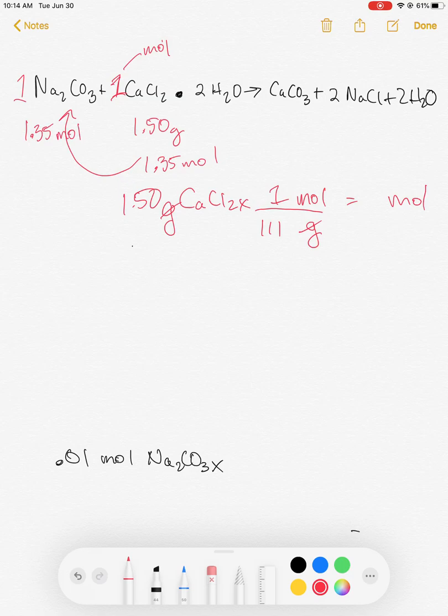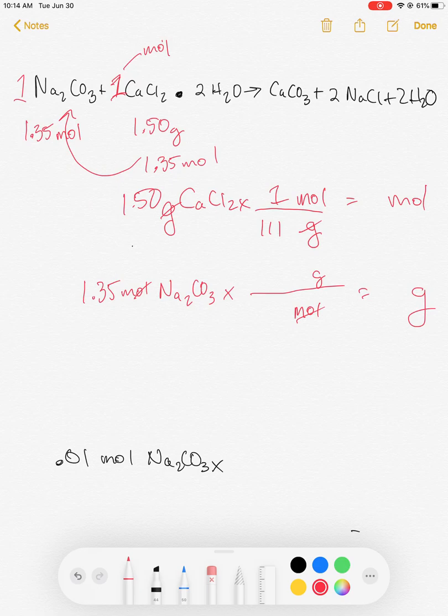Well, you can't measure out moles. You have to figure out how many grams that is. So we need to find out grams. Our conversion factor is going to be kind of upside down of that last one, because we want moles on the bottom so that it cancels out.